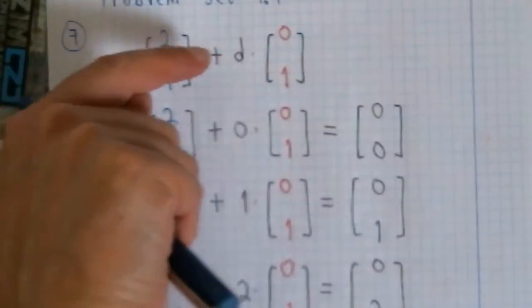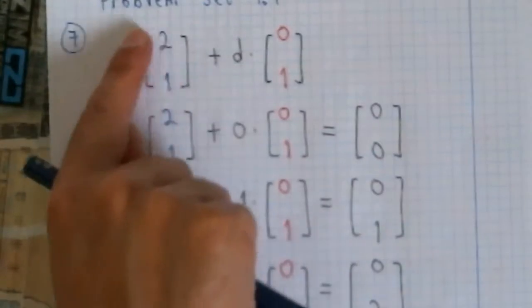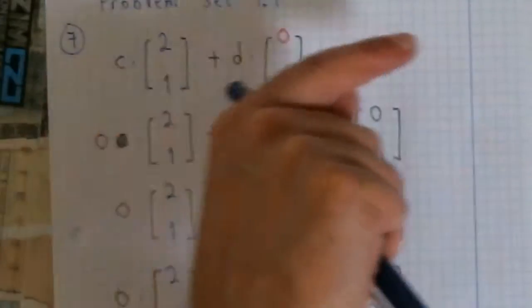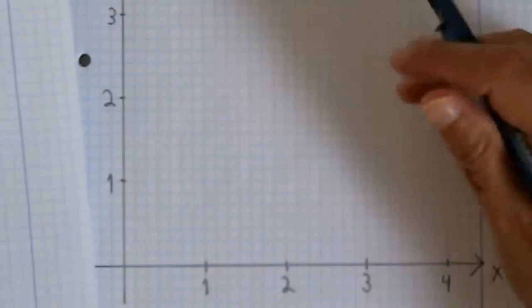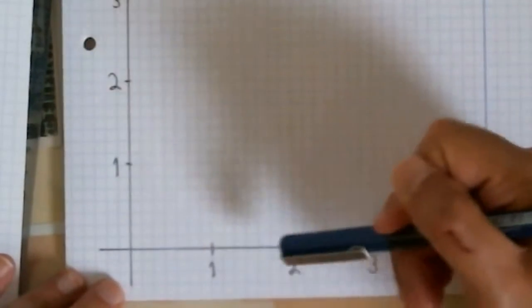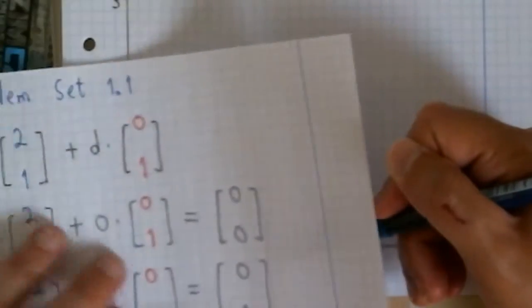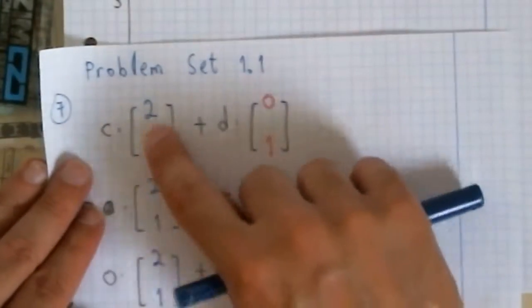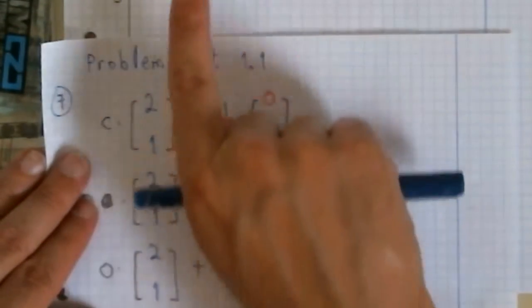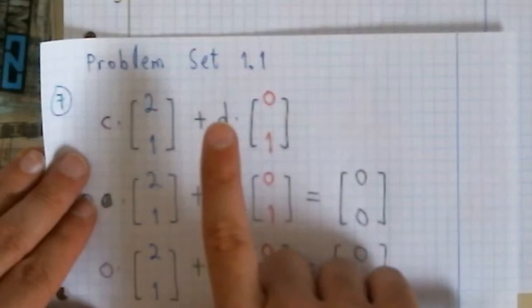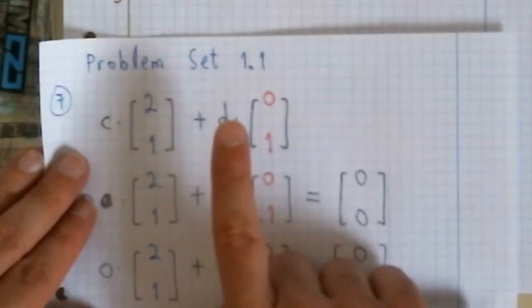So the x-axis goes like this. So it will be 2 to the right, because 2 is positive. It's not minus 2, it's plus 2. Okay, and so we are going 1, 2. And the second component is the y coordinate. So the positive direction of the y-axis is upwards.